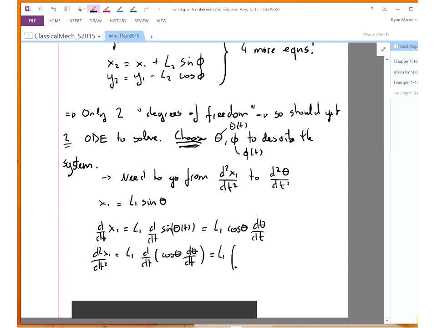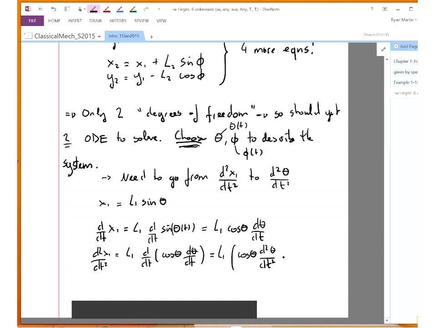So we have an L1 at front. Let's do it the other way around. We'll leave cos theta the same, and then d by dt of d theta by dt is d squared theta by dt squared.